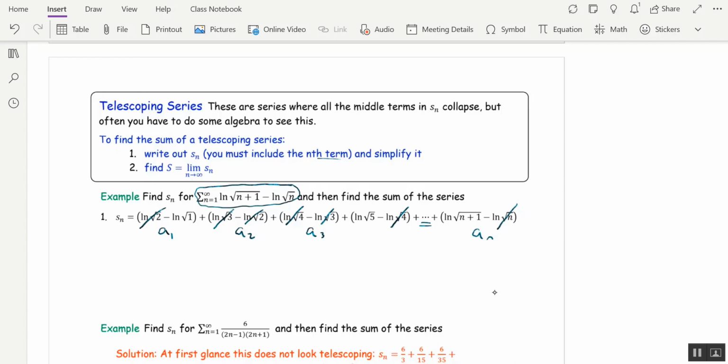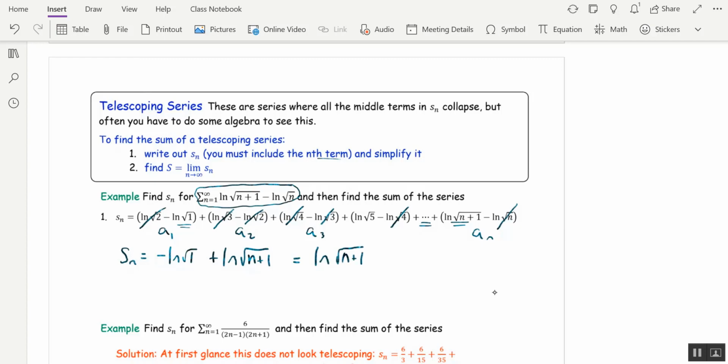The only 2 guys that aren't going to cancel are this first one and this one. So Sn, and that's why it's called telescoping, middle terms collapse. Sn is -ln of √1 plus ln of the square root of n plus 1. Now, that is just ln of the square root of n plus 1 because ln of 1 is 0.